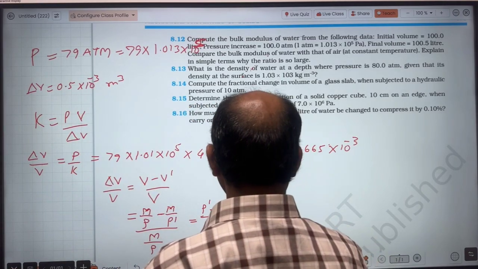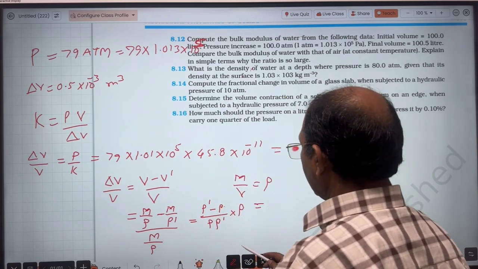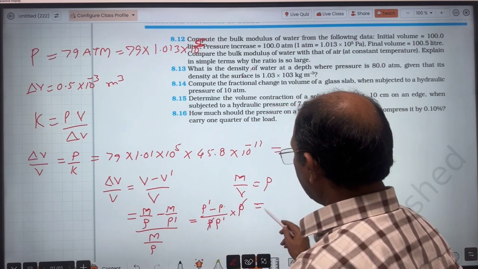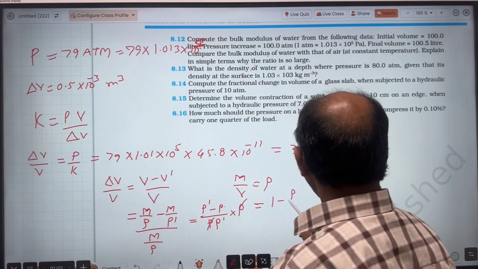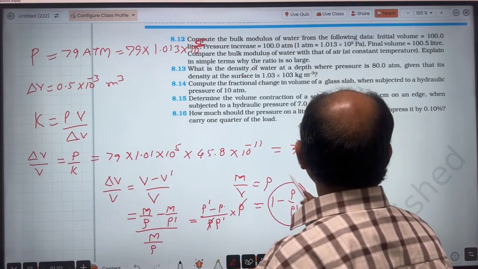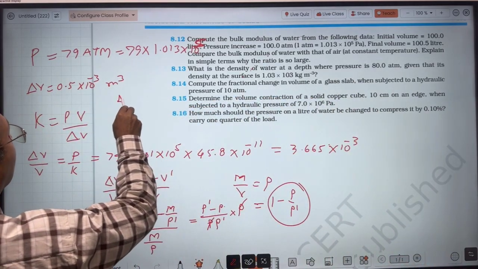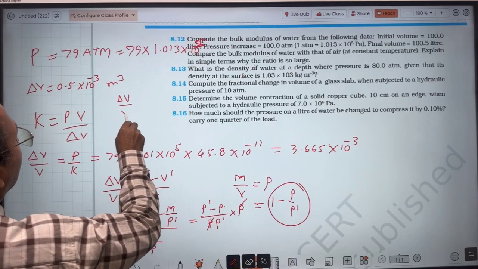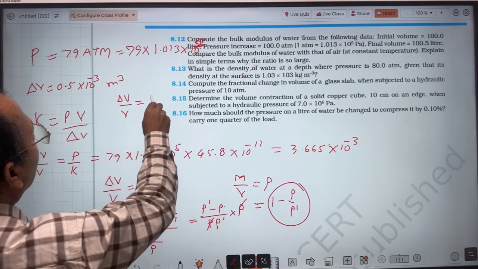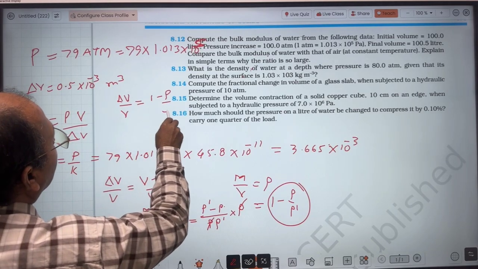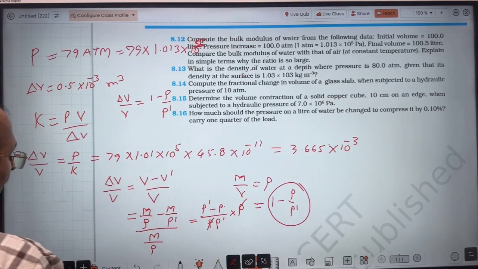So we have got the value. One rho will cancel out, so it is 1 minus rho upon rho dash. So we have got this value: delta V upon V is equal to 1 minus rho upon rho dash.